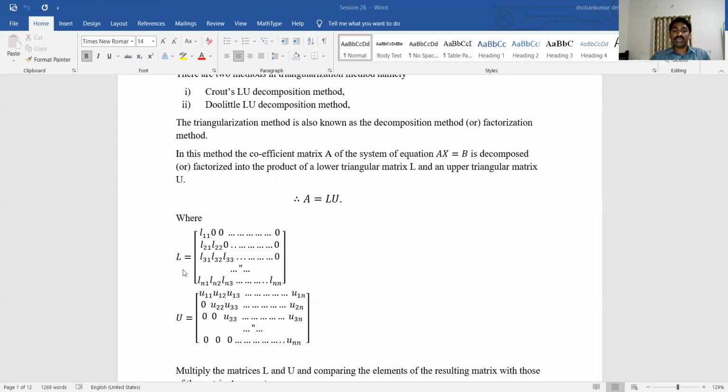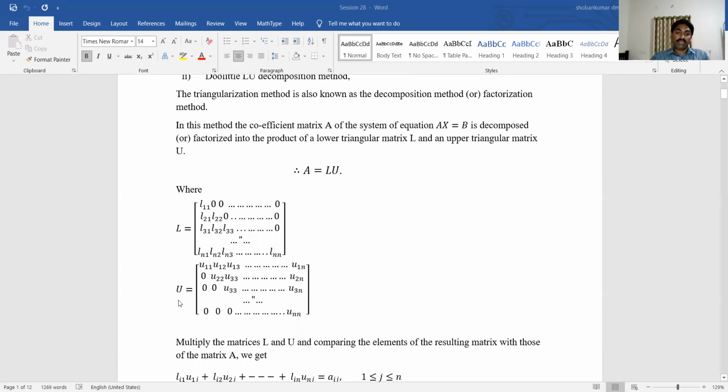Where L is equal to L11, 0, 0 and so on in the first row; in the second row, L21, L22, 0 and so on; and so on up to Ln1, Ln2, Ln3 and so on Lnn. That means a lower triangular matrix has all the entries above the main diagonal equal to 0.